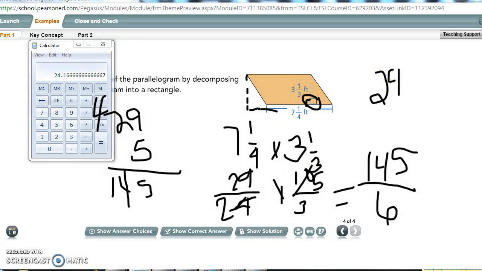I know my denominator will be 6, because that's my denominator here. So if I do 24 times 6, I get 144. Well, 144 is 1 away from 145, so I know my answer will be 24 1/6 feet squared for this.